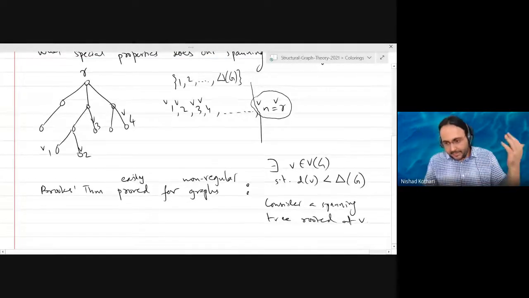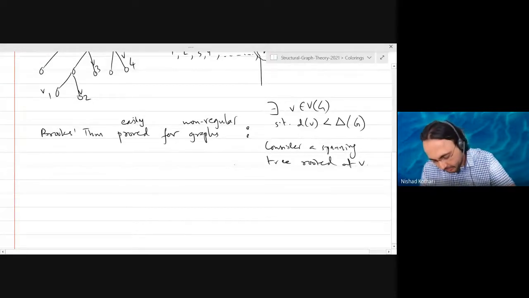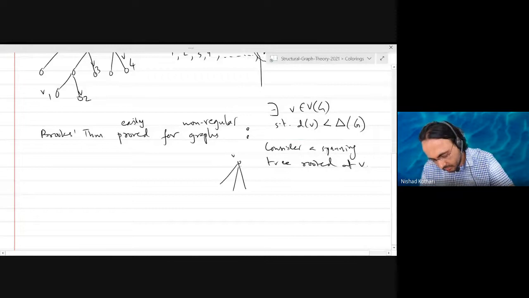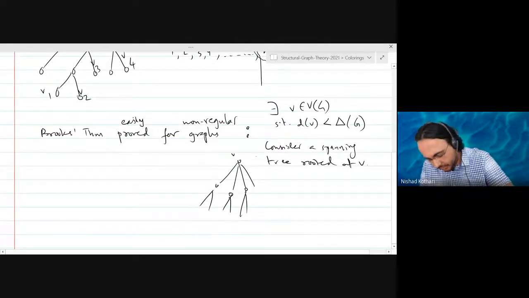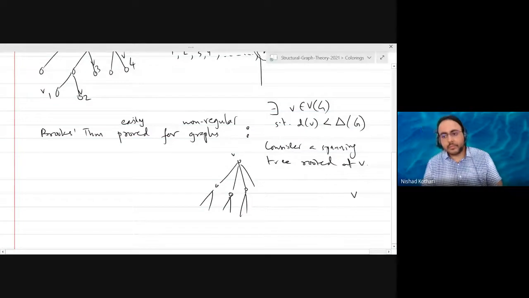You take any spanning tree and think of this vertex as your root. Now you construct the ordering by removing leaves, and the last vertex you remove will be the vertex V.